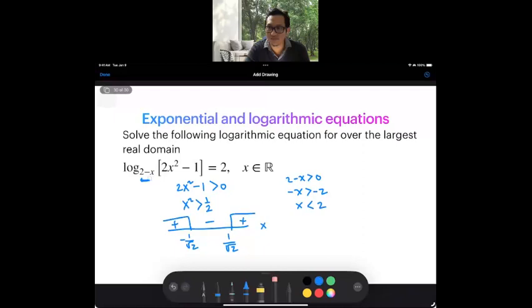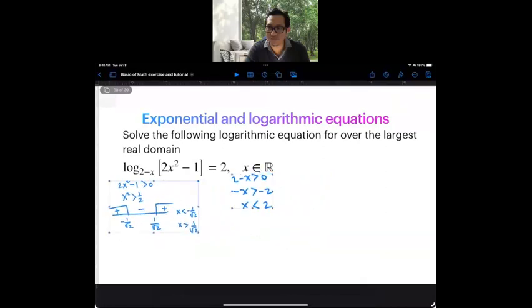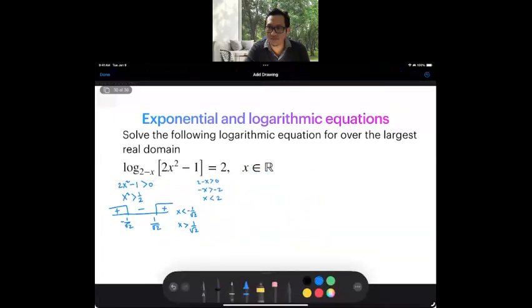So either this will be less than that, and this will be. But this is not the solution. This is the restriction on the solution. Okay. And let me put this a little bit small here. Now let's work on the solution.